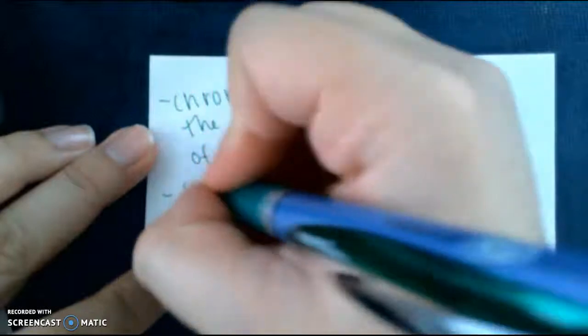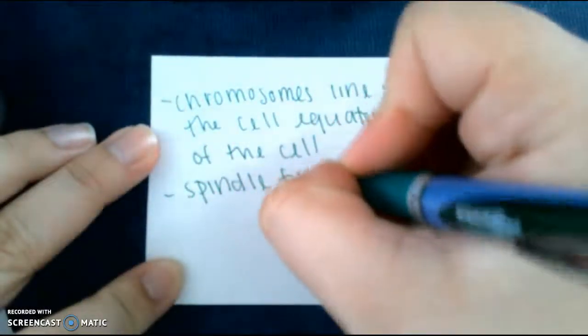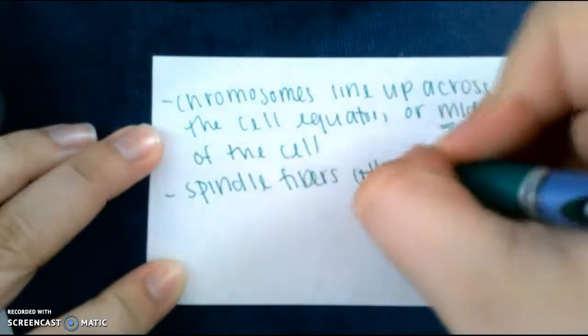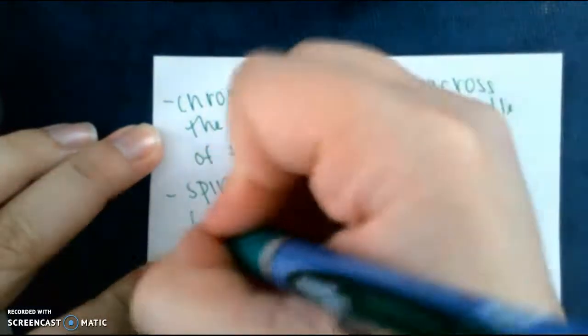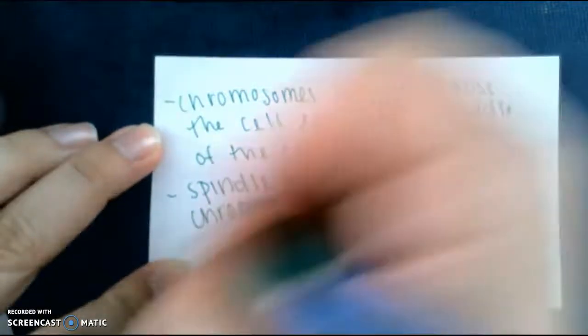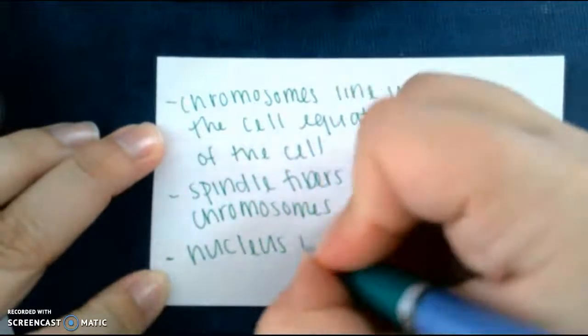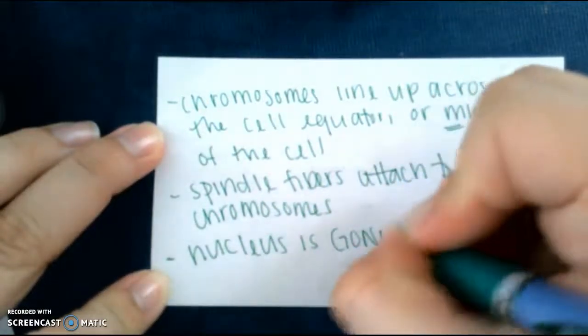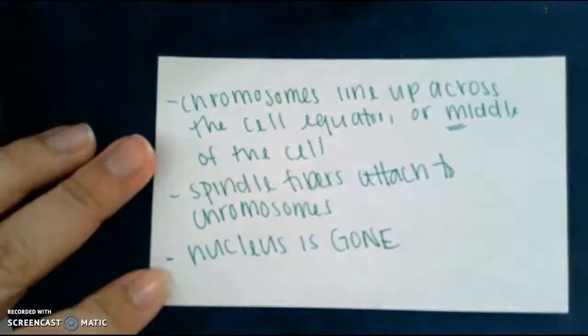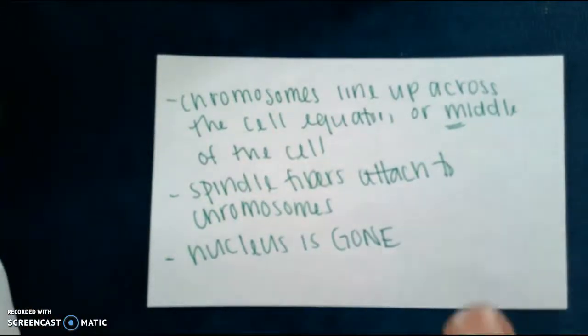The spindle fibers attached to chromosomes, and here the nucleus is gone. Notice we did not draw the nucleus. Okay, after this we are moving on to anaphase.